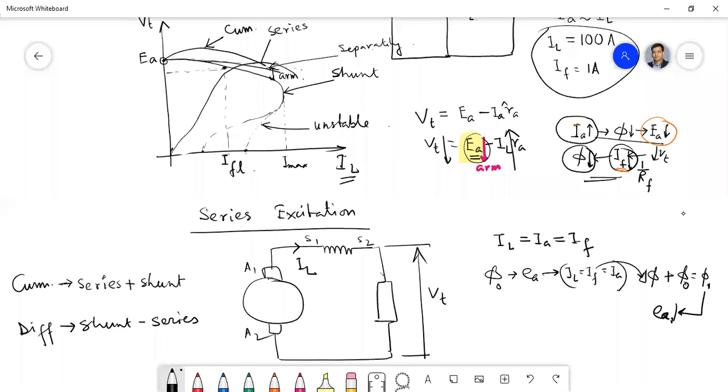Initially there will be some increase due to the increasing portion of the series characteristics, but after that again it will drop. And for differential, it will get more drooping, because the series field is negating the shunt one. So this is the differential one.